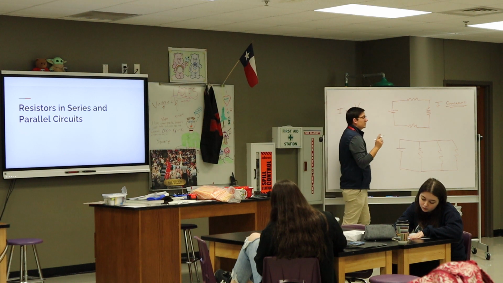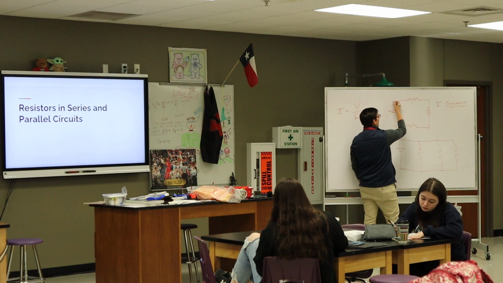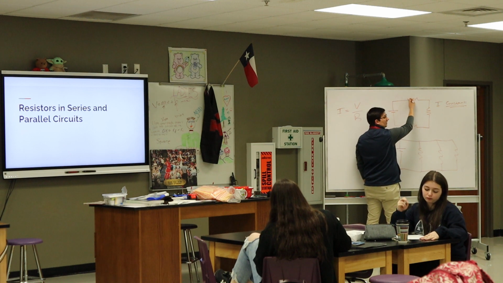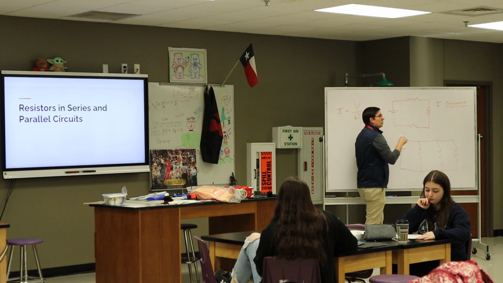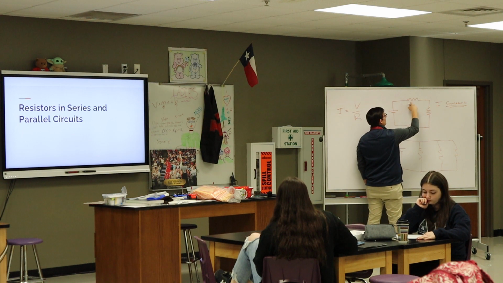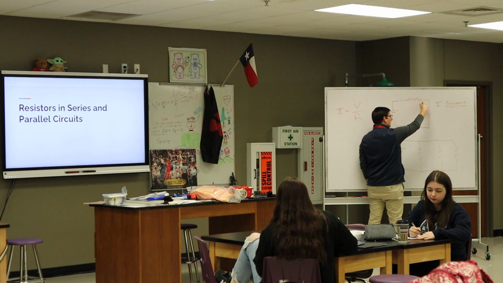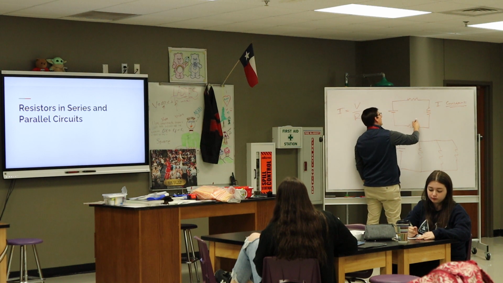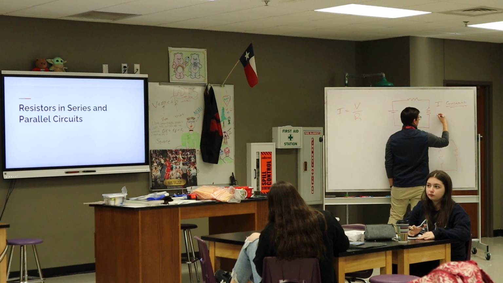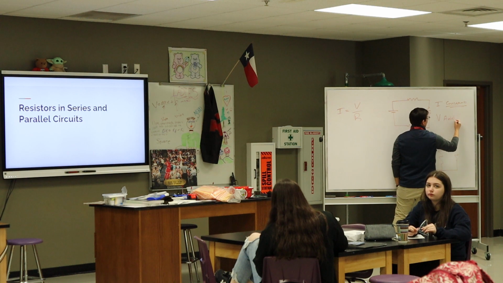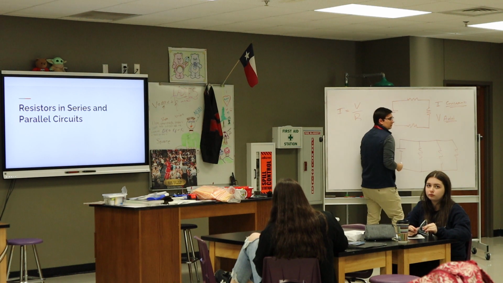However, what's going to happen is, as I go around the circuit, I'm going to see what we call voltage drops. So I'm going to have a little bit of a voltage drop here, a little bit of a voltage drop here, and a little bit of a voltage drop here. And those voltage drops around the circuit are all going to add together to the source.